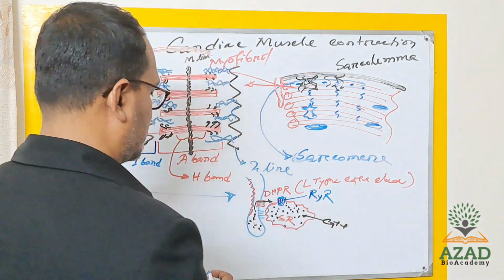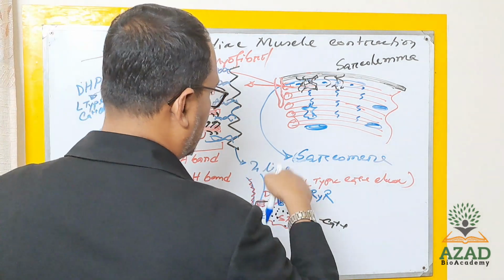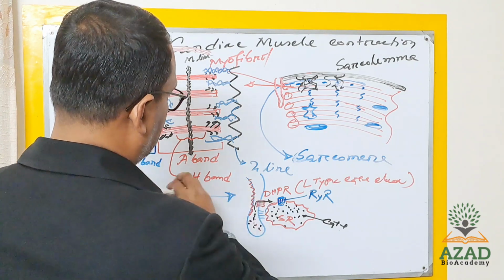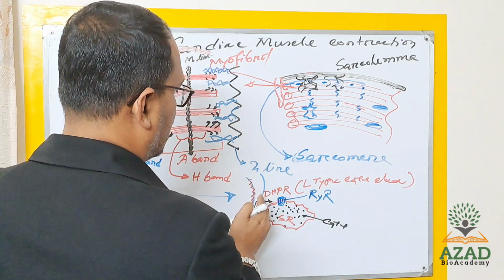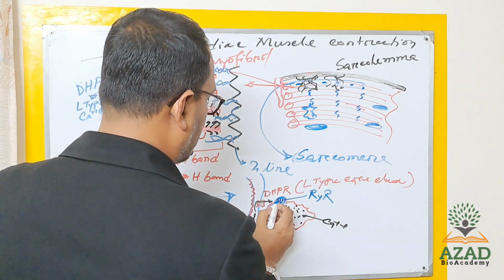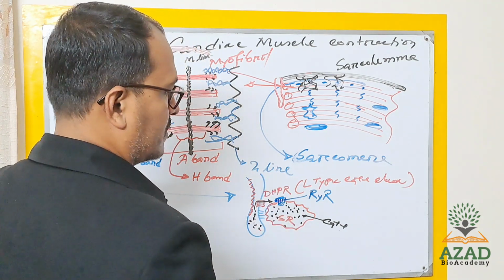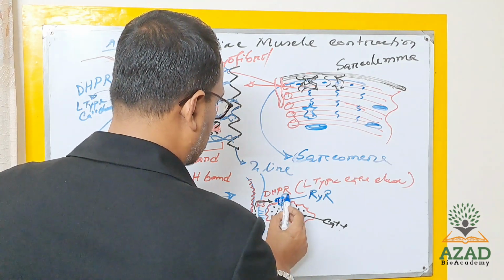That ryanodine receptor is basically a calcium-dependent calcium-releasing receptor. After the action potential, when the L-type calcium channel opens and calcium enters, that calcium will bind with the receptor and make it open, and then through this receptor calcium will come out.